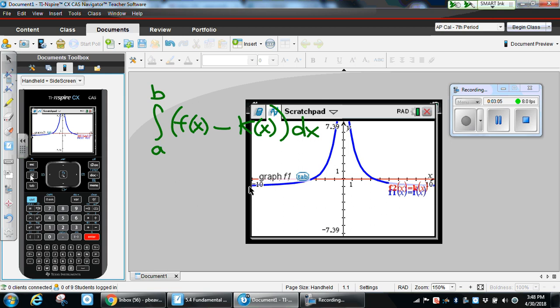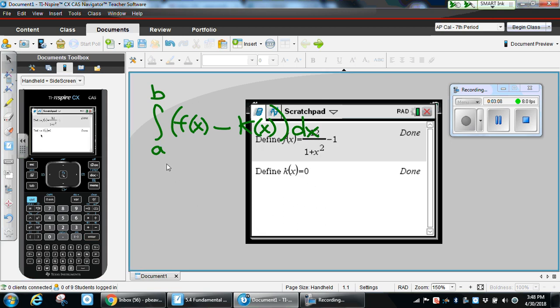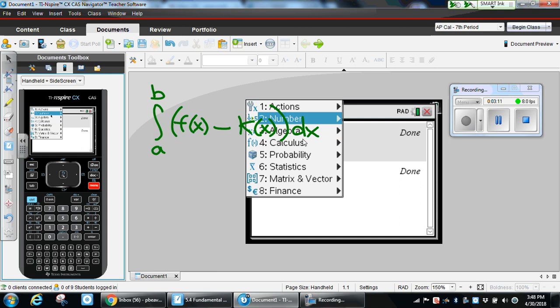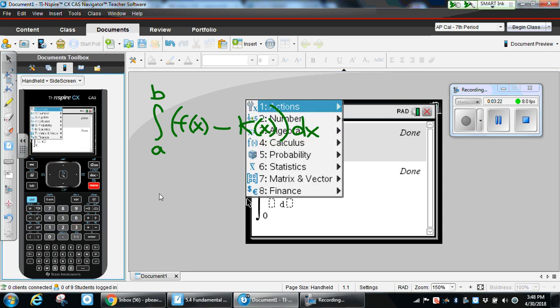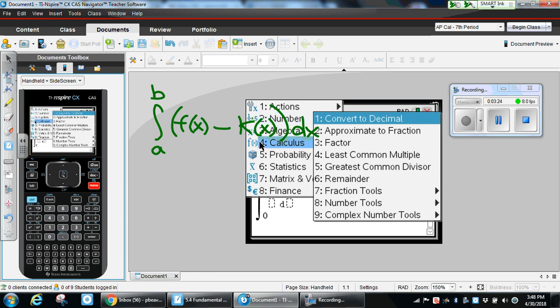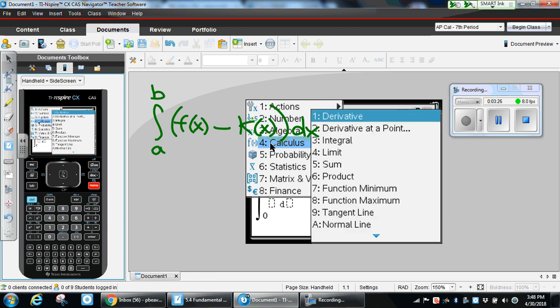So we're going to go back. And we're going to go to our calculus menu. And integral. And let's go from 0 to 3, we said, right? Oh, sorry, that will be under menu, and then it will be number 4 for calculus. Oh, you have to get out of the graphing section.